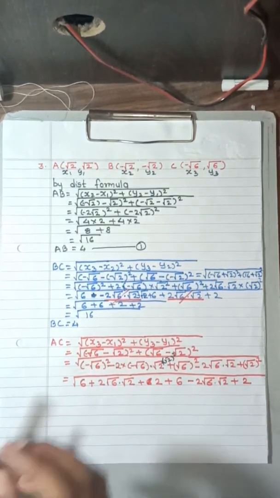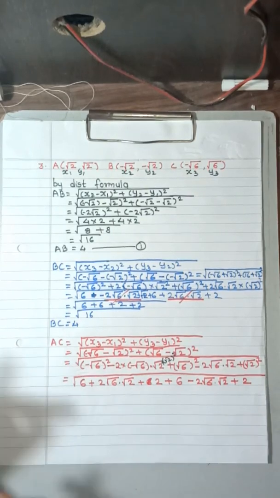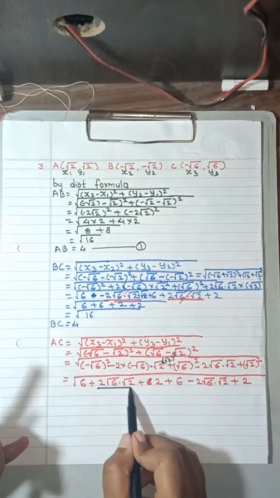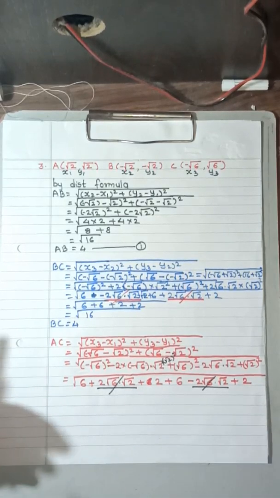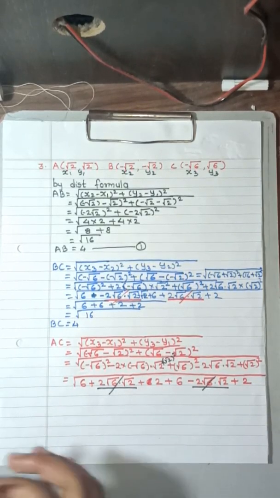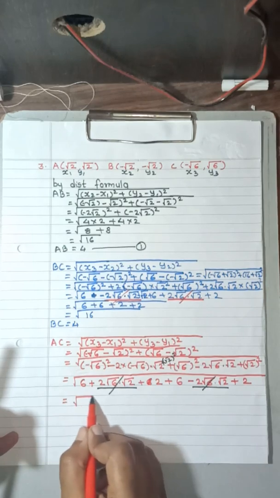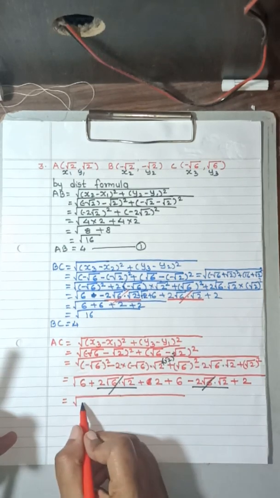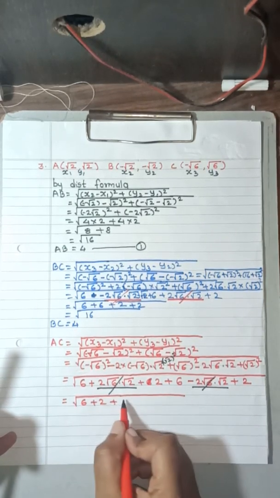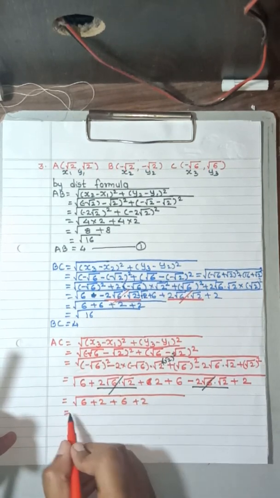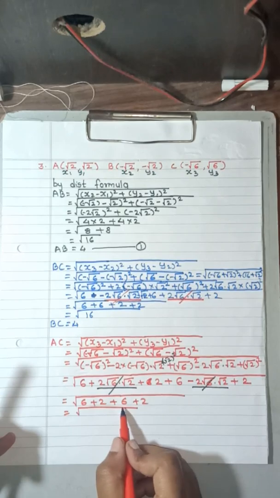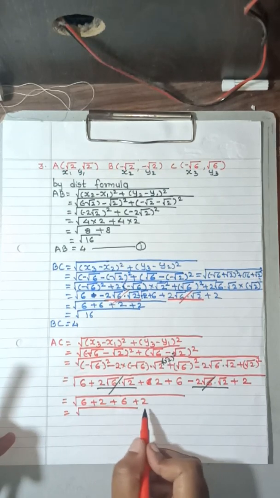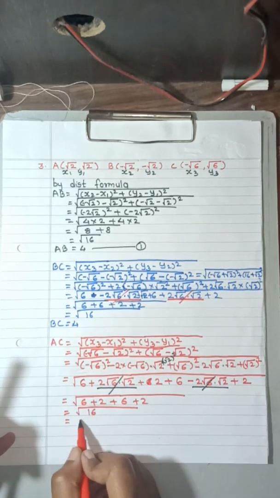Now children, with black pen you can see this term and this term, they can be cancelled. Now what you have here is, that is equal to under root of 6 plus 2 plus 6 plus 2. This is again equal to under root of 6 plus 2 is 8, 8 plus 6 is 14, 14 plus 2 is again 16, that is equal to 4.